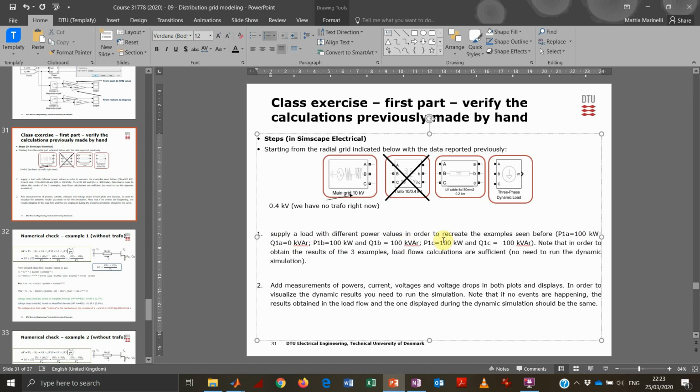And the last one is 100 kilowatt and 100 kilovolt ampere capacitive. Remember that for the load, it's using a load convention, so positive reactive power is inductive power. And we are going to basically see these three examples and double check the calculation that we did by hand, using the classical formulas, with the results that we have in Simscape.